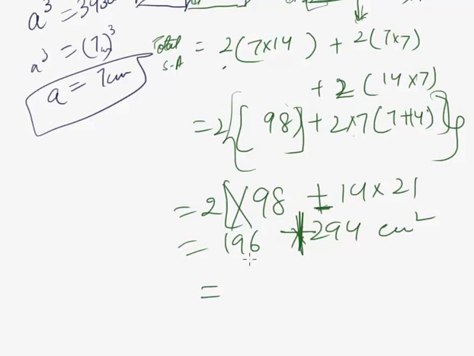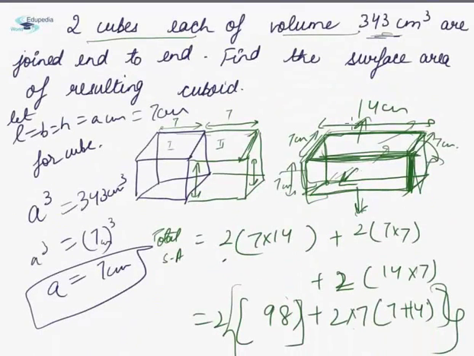So the calculated value will be 490 centimeter square. Thus the required answer is, the surface area of the resulting cuboid is 490 centimeter squares.